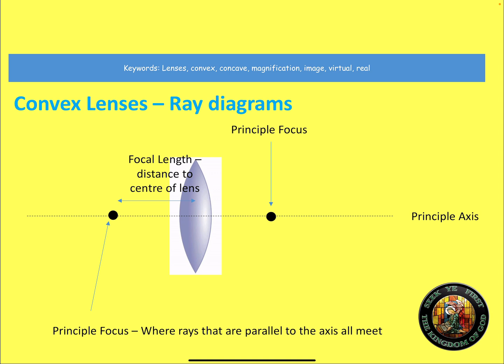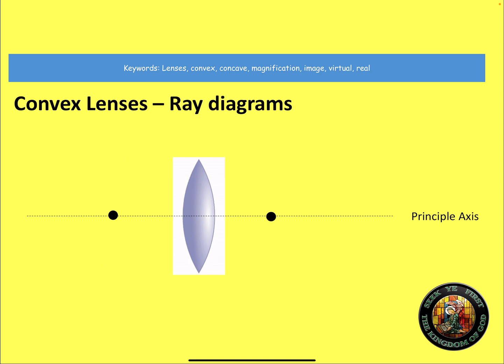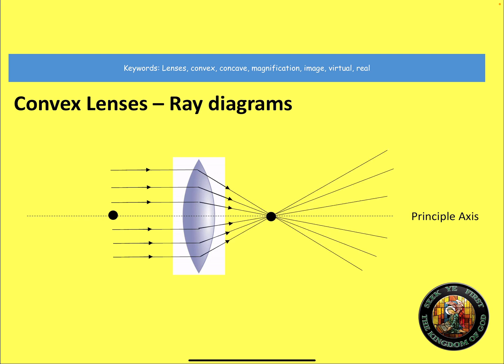Focal length is the distance to the center of the lens. Here is what will happen to the rays as they enter a convex lens. You can see they all meet at the principal focus.